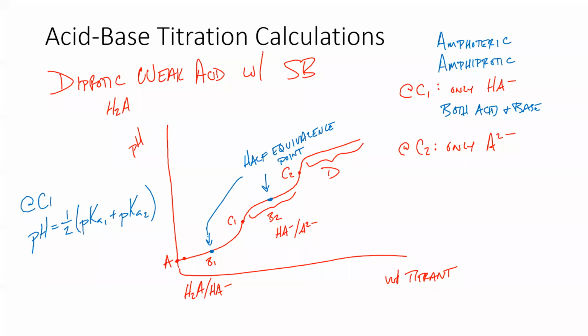And at the half equivalence point, what do we have in region B? What is our solution made of? Pick one, B1 or B2, either point.